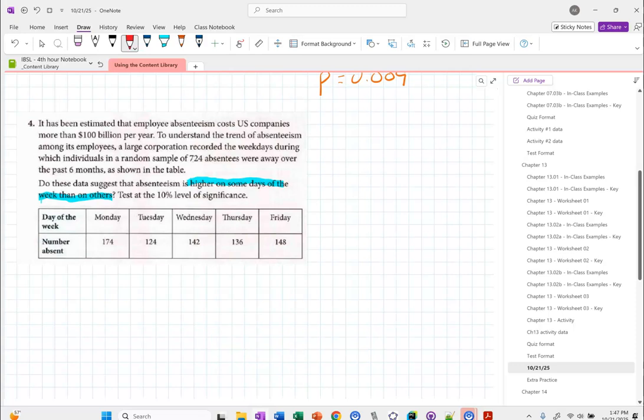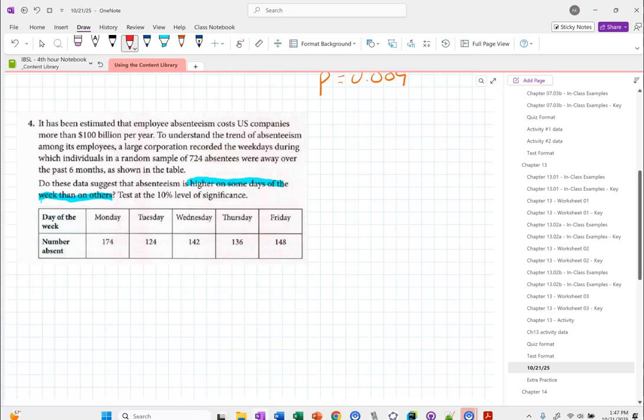That's what it's asking. What's the known probability that we're absent on Monday? 1/5. Tuesday, 1/5. Wednesday, 1/5. Thursday, Friday. That's our known distribution, that they're equally likely.